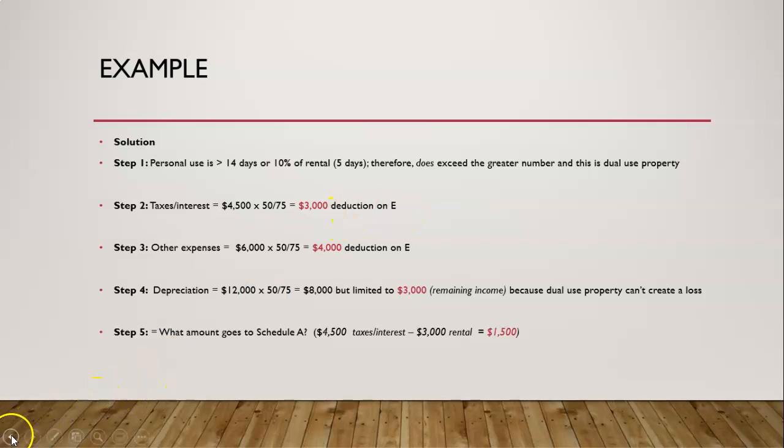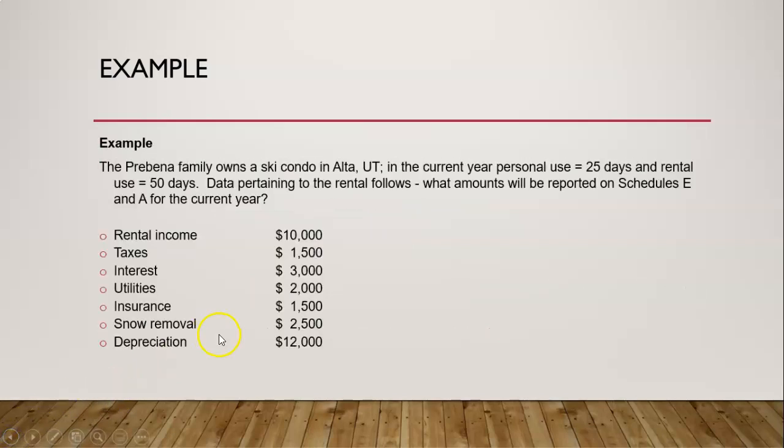Now we go back, we take a look, our rental income is 10,000. If I subtract out that 3,000 that we calculated, there's 7,000 left. So now I'm going to look at various other expenses, my utilities, my insurance, and my snow removal.